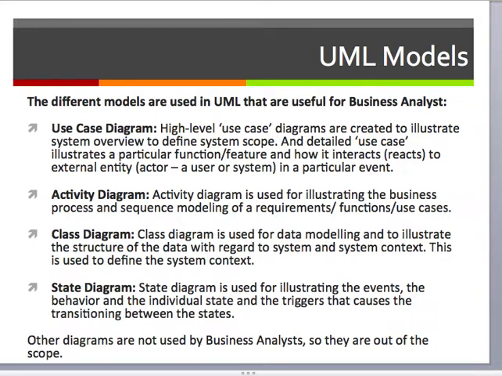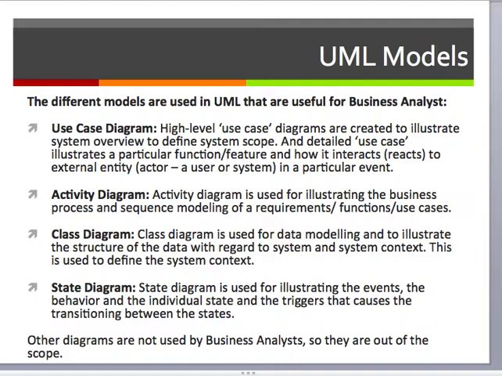If you remember, we used the high level use case for the solution scope and vision document. All the features and functionalities were captured at the high level use case. I hope you remember that. And the detailed use case will illustrate a particular function or feature, how it will interact with the system and how the system will react to the actor. So these are the things that are captured.